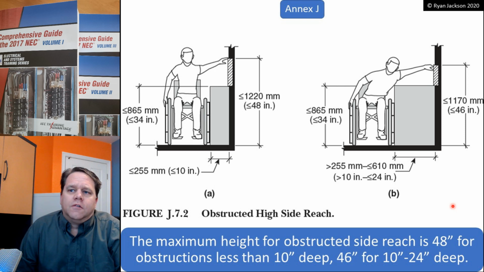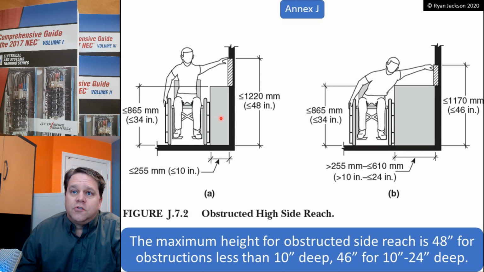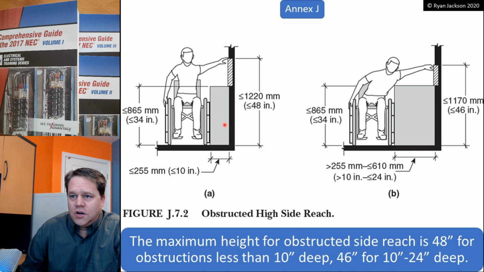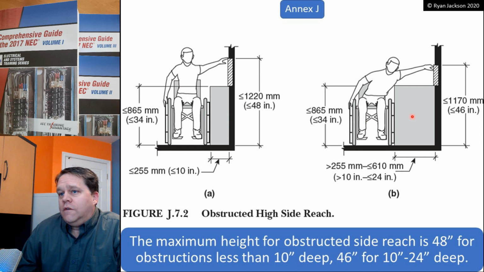The maximum height for obstructed side reach is 48 for obstructions less than 10 inches deep. So if you have a 10-inch deep obstruction, it's essentially not an obstruction. 10 to 24 inches, however, your arm drops 2 inches, your maximum height is 46.